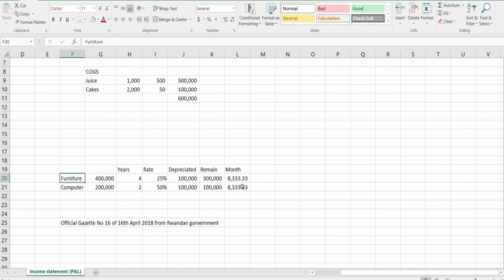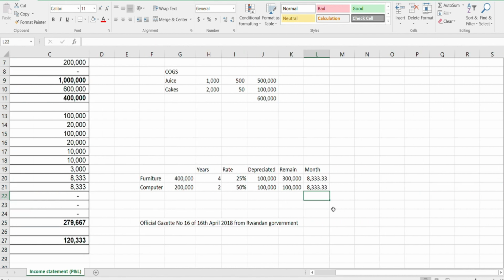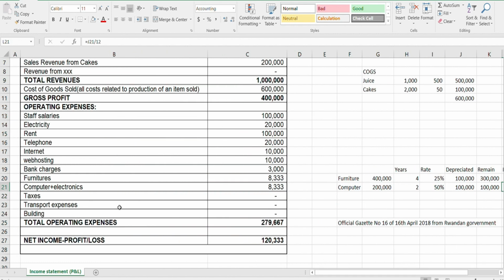Second, it's considering that these amounts being depreciated within a period should be saved elsewhere, in a given account, maybe called a depreciation account, which will help us buy a new machine or new materials after that asset or machine has been depreciated or damaged.